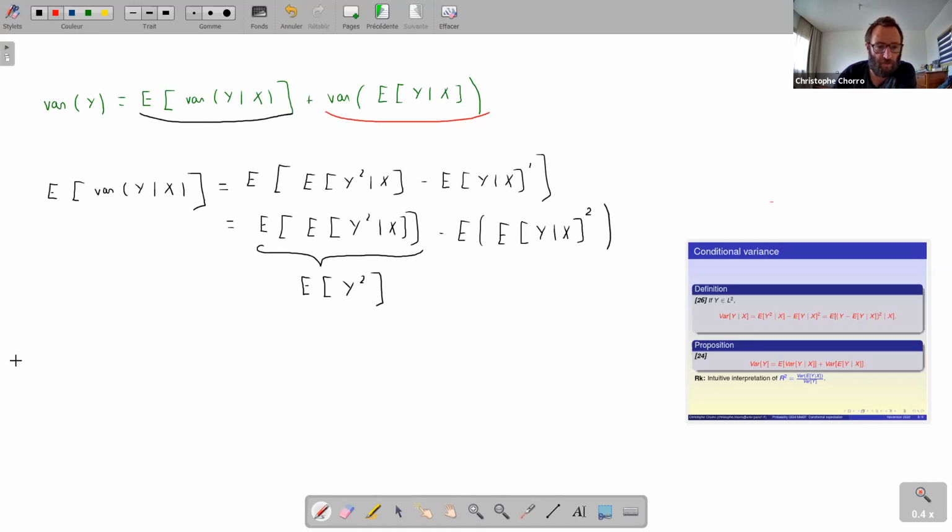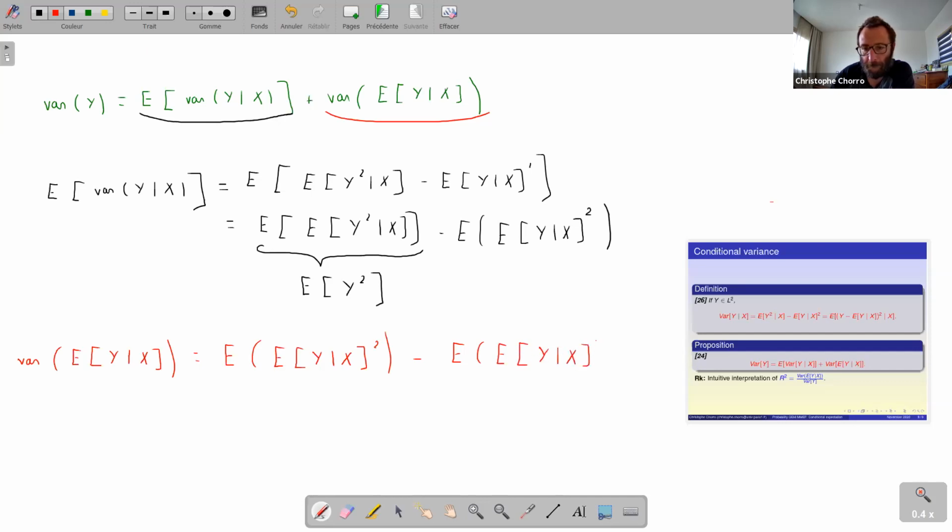For the second term, I am interested in the variance of the conditional expectation. What is the variance? It is the expectation of the square minus the square of the expectation. But what is this term?